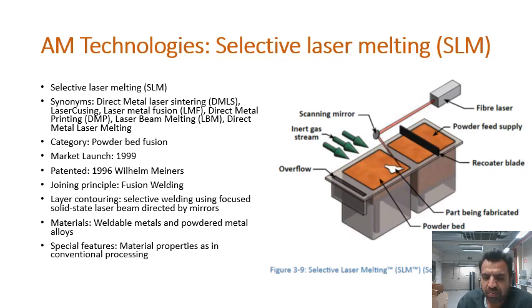Parts in selective laser melting are produced by local melting of powder layers by a laser beam. Almost all the weldable metals can be used in powder form to produce metal components.